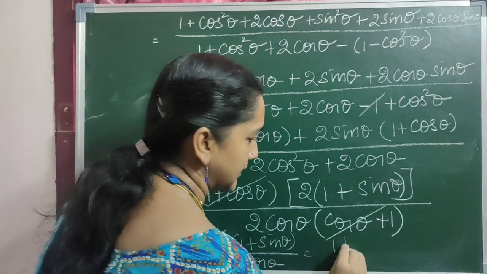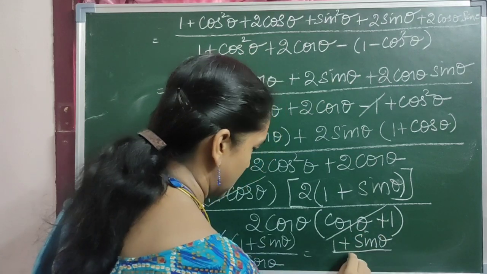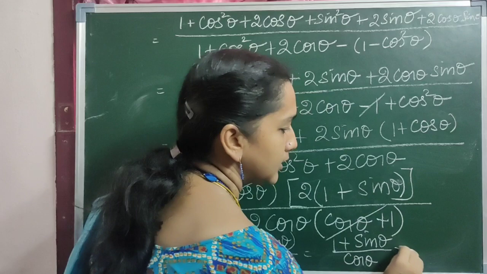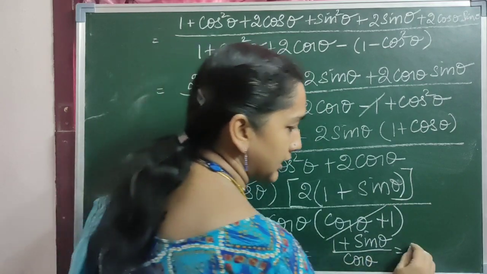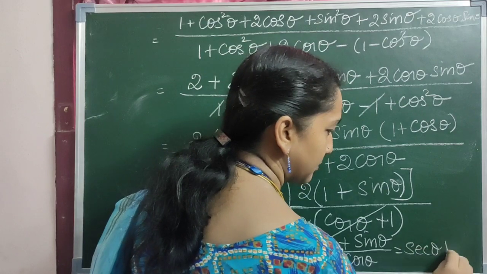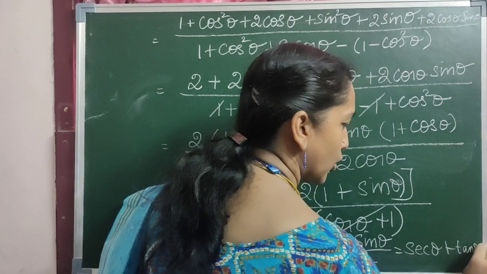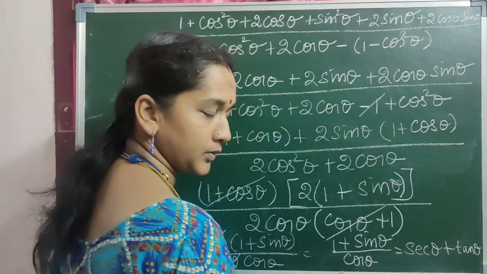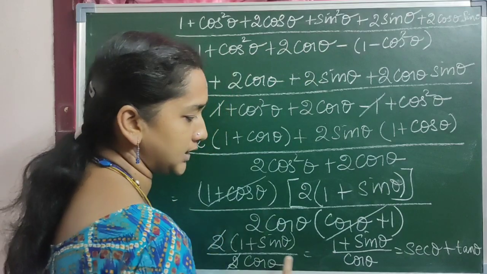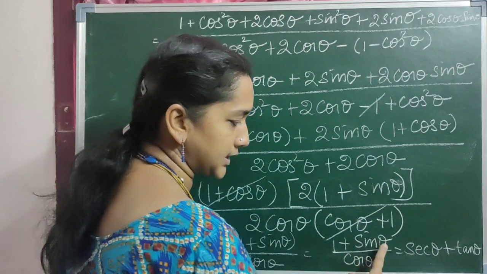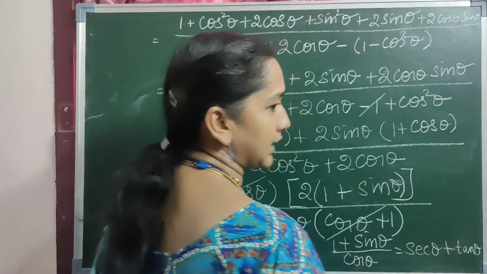You will get the answer as (1 plus sin theta) by cos theta, or you can rewrite this as, cos is common: 1 by cos theta is secant theta, plus sin theta by cos theta is tan theta. So both the things they asked you to prove. Anything can be proved. When you simplify all these things, you will get it as (1 plus sin theta) by cos theta, which you can write as secant theta plus tan theta.